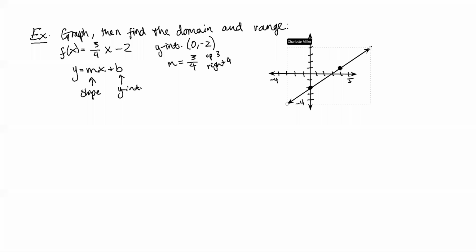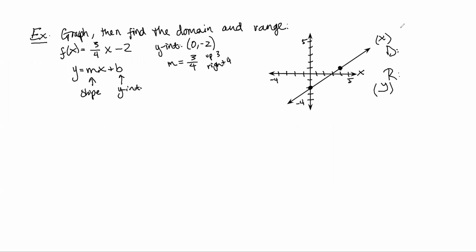So now we have our graph drawn and we want to find our domain and range. So remember, domain is all of the x values, range is all of the y values. So if we look at our x values, that's going left and right. The furthest left that we go, well, this goes left forever, and it goes to the right forever.